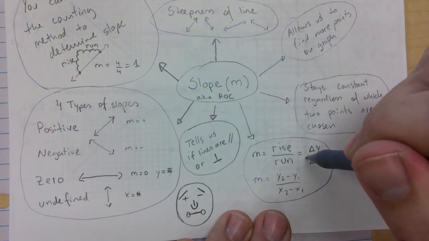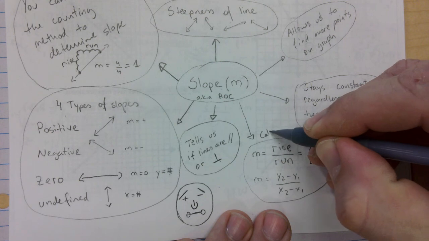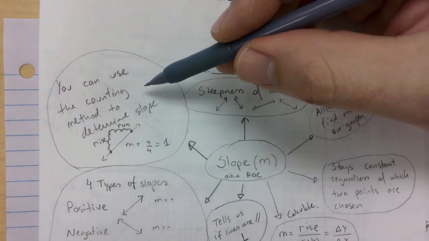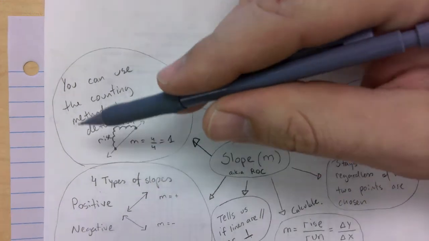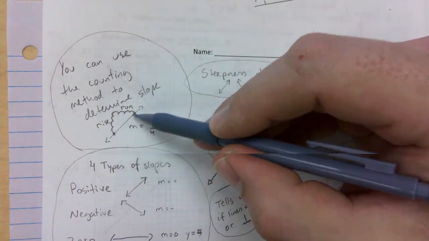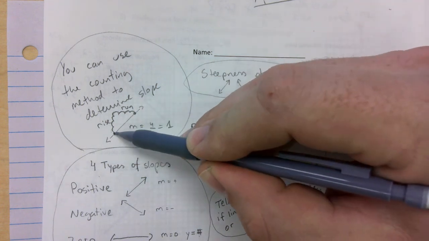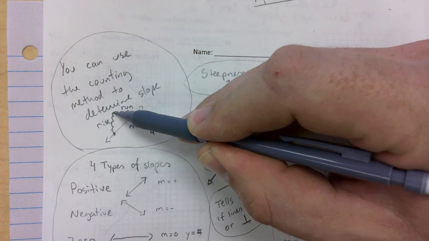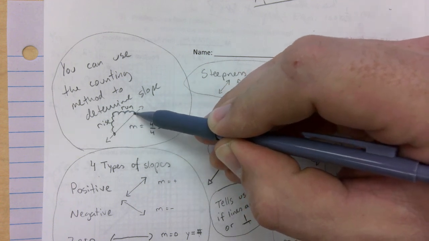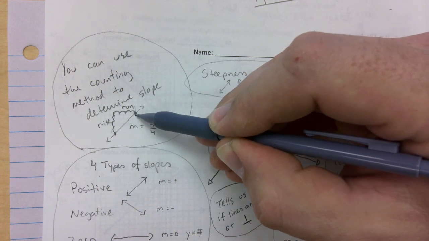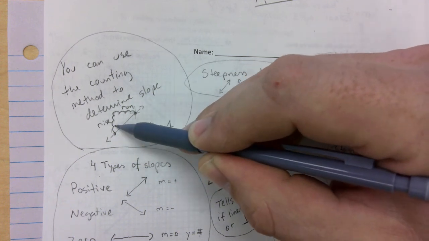But if you're calculating, this is to calculating. This one would be just by observation, the counting method. So if you have a graph, if it's given, you can just start at a point and count how many units you're going up and over to go to another point on that line. But make sure it always lands on an intersection if you do that.